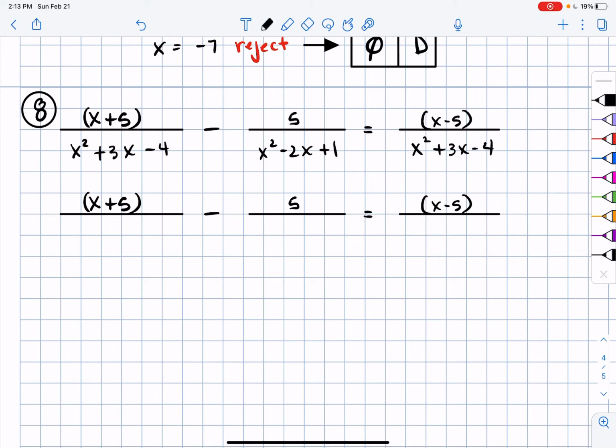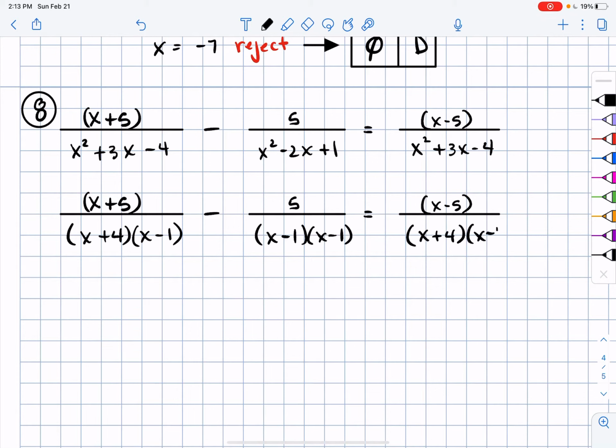Okay, so the bottom here is going to be x plus 4, x minus 1. This one here is going to be x minus 1 times x minus 1. And the last one here is going to be x plus 4, x minus 1 again, okay?